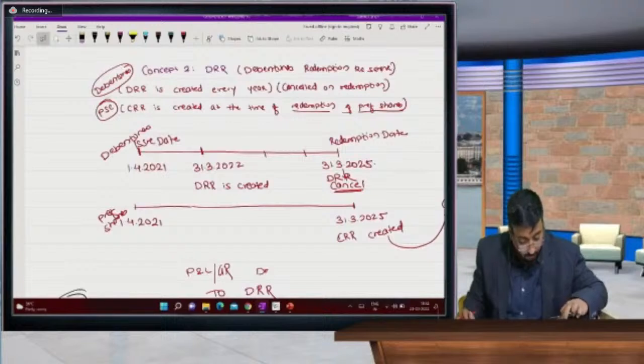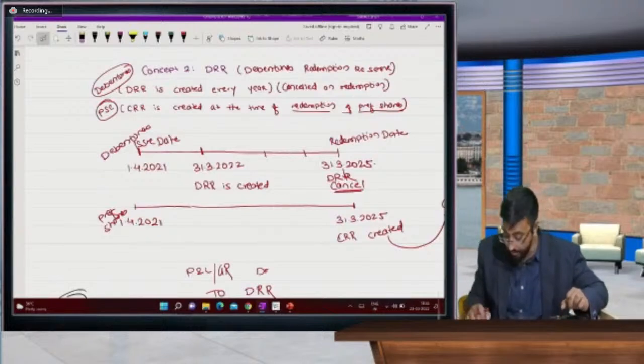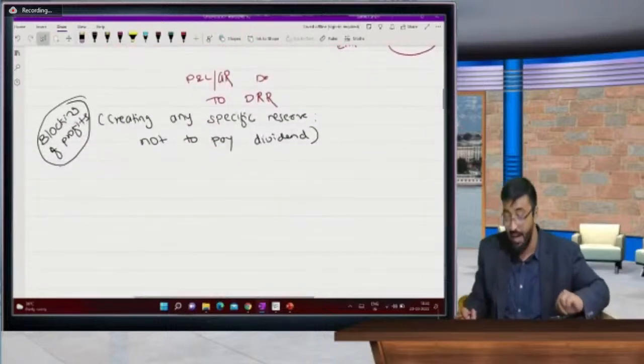Blocking of the profits is the main concept. Okay, so till here has everyone understood? Yes. P&L account debit to DRR.